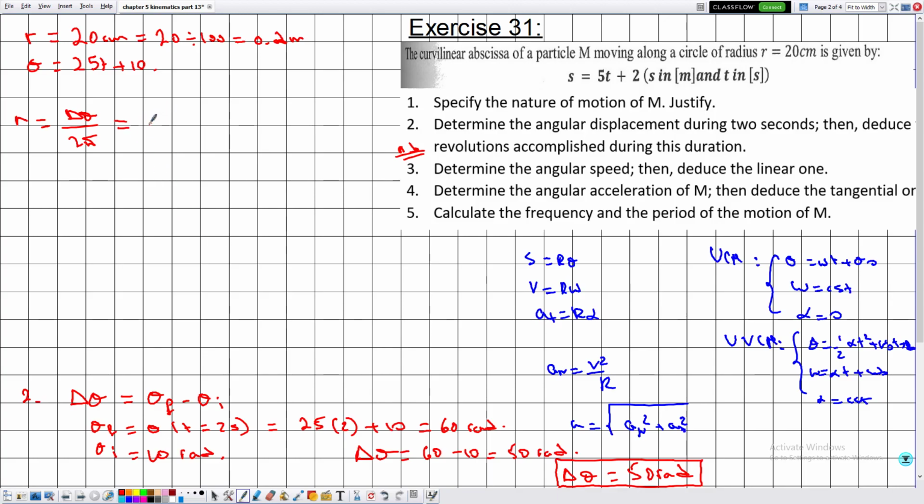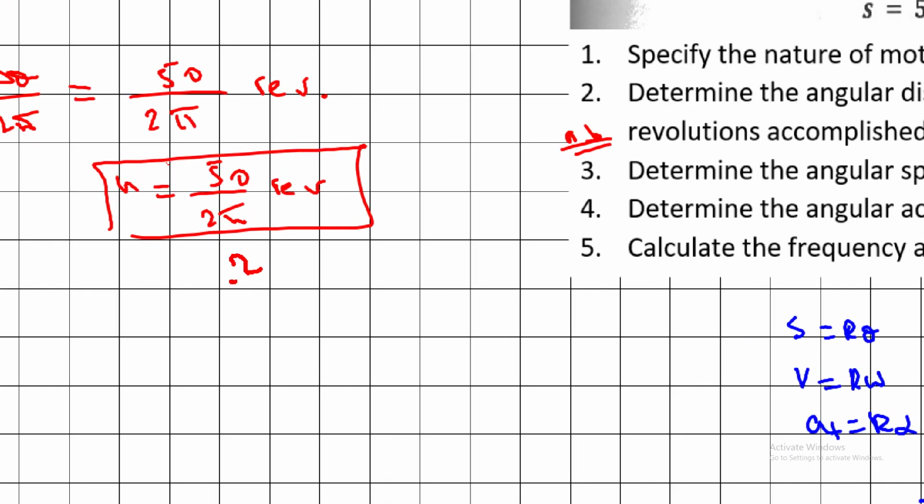The value of delta theta is 50, and the value of pi is 3.14. So n is equal to 50 divided by 2 pi revolutions, and the decimal number of this is 7.95, and we know that the number of revolutions must be an integer, so it's 7 revolutions.